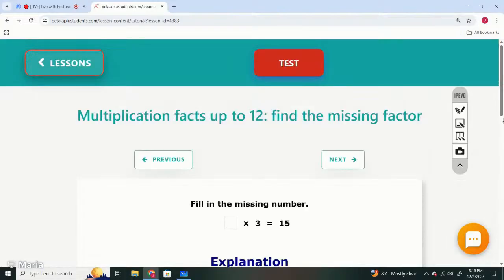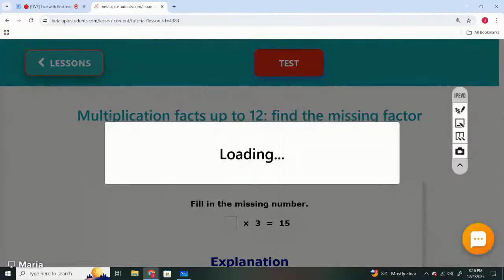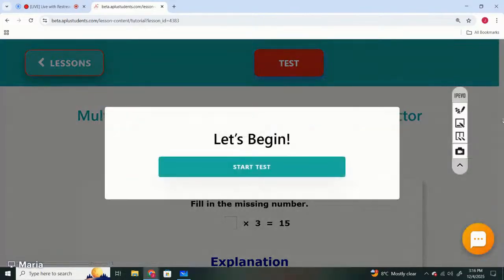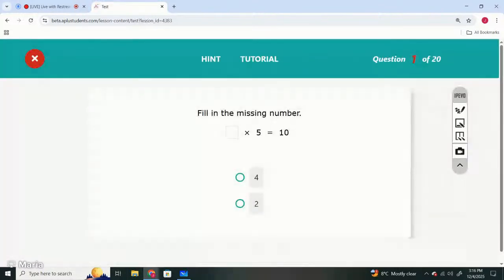Let's start with the test questions. The missing number times 5 is 10. So what number is it?